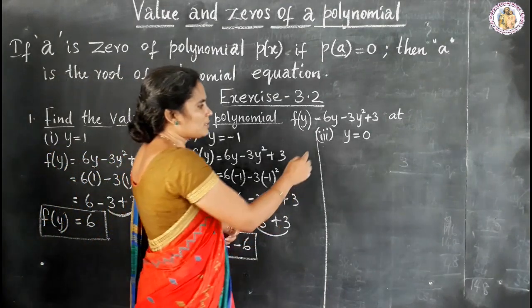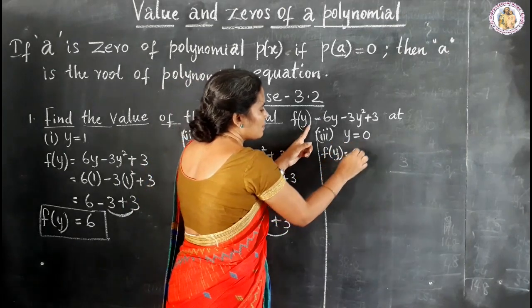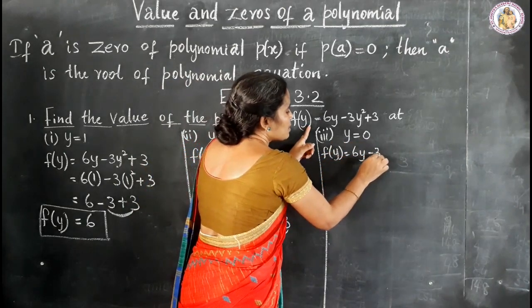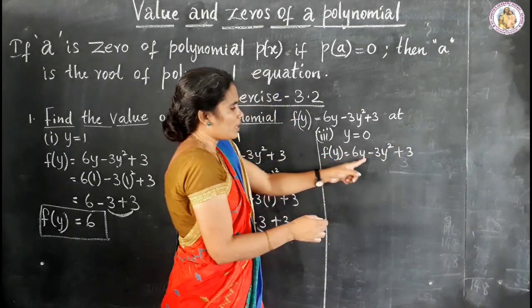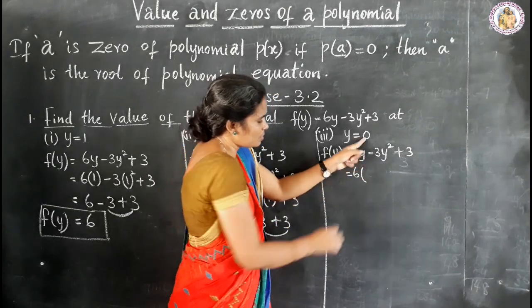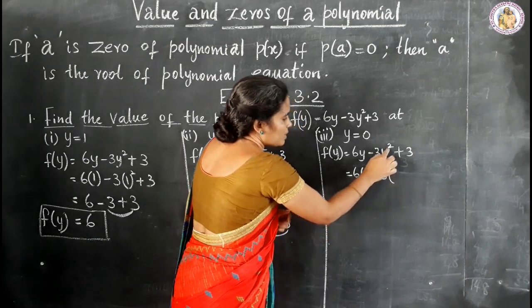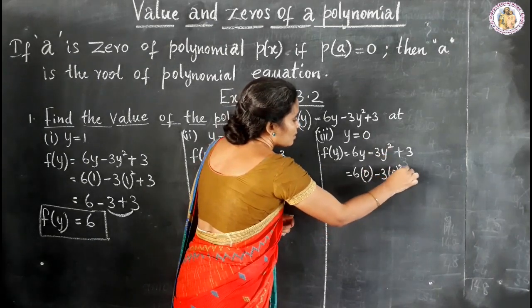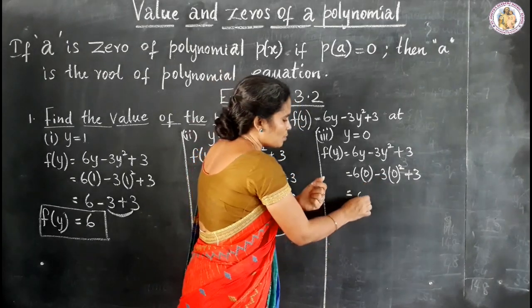Okay. Question number 3. y is equal to 0. So write f of y is equal to 6y minus 3y square plus 3. Okay, 6y, in the place of y, use 0. Minus 3 y square, so 0 square plus 3. 6 zeros are 0.